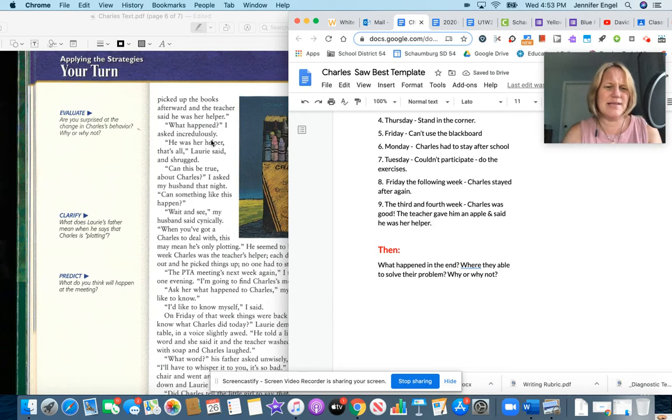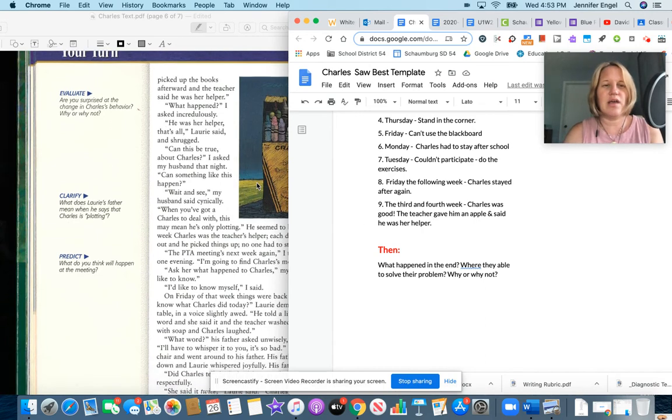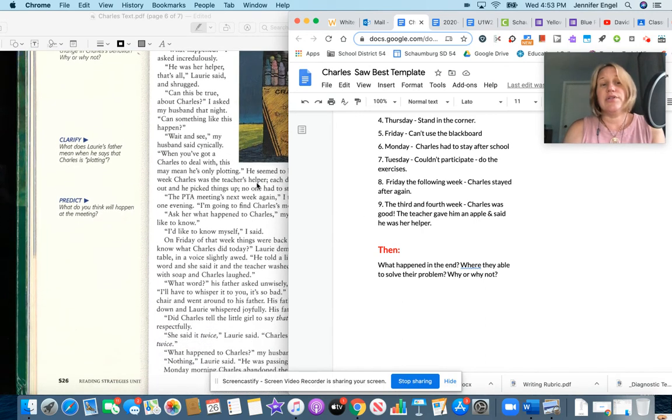What happened? I said incredulously. "He was her helper. That was all." Let's see. We're still trying to see what's happening in the end of this story. Lori shrugged. Can this be true about Charles? I asked my husband that night. Can something like this happen?